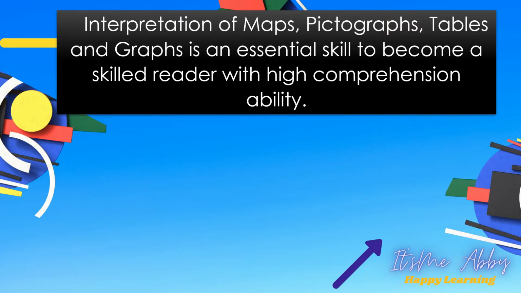So let's try to know the differences between the three. Interpretation of maps, pictographs, tables, and graphs is an essential skill to become a skilled reader with high comprehension ability. Are you now ready to become a skilled reader? If you are, let's continue.